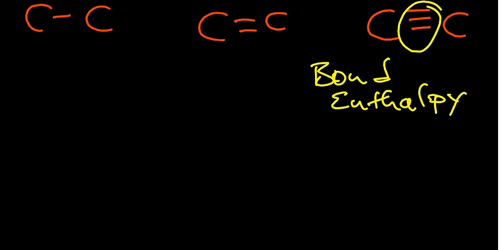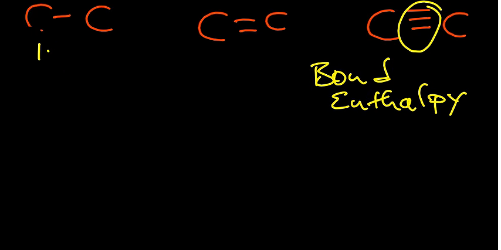Now, in terms of length, which one do you think is longer? Is it a single bond, a double bond, or a triple bond? If you look at it, the actual lengths of these bonds are as follows. This is 1.54 angstrom, 1.54, not 1.5.